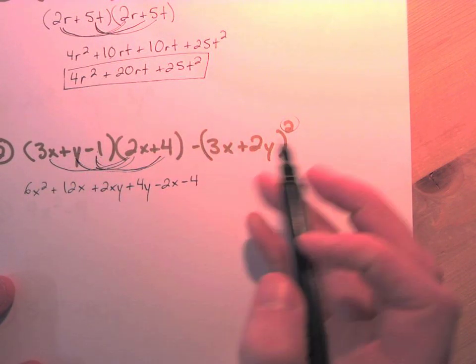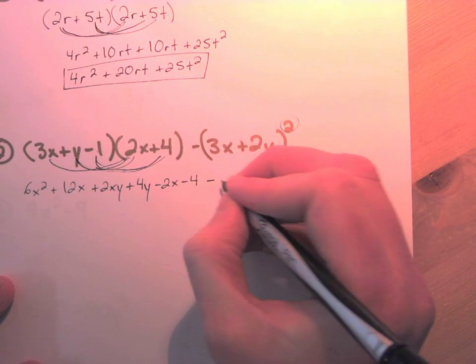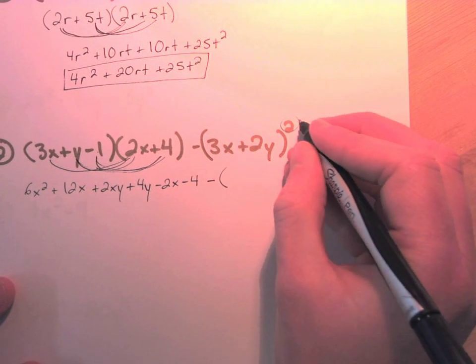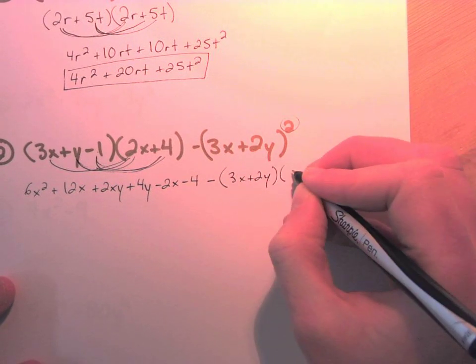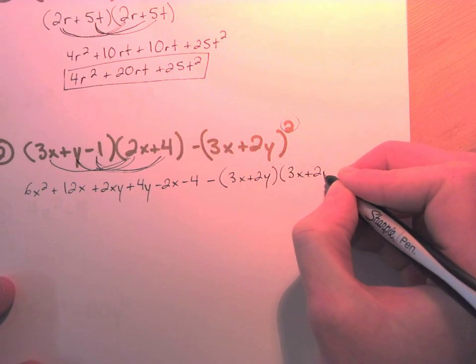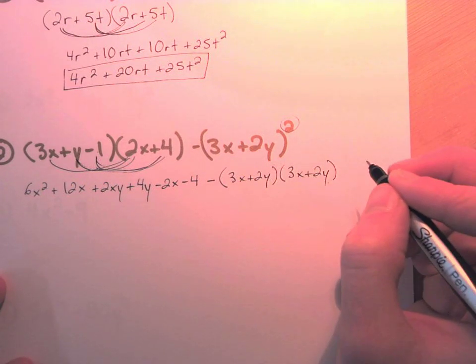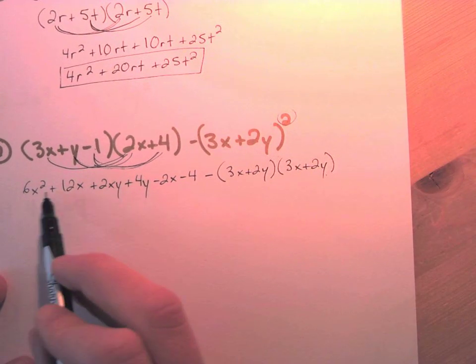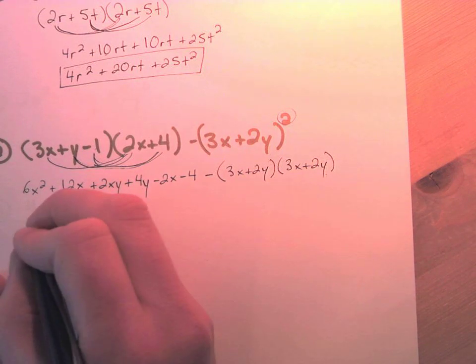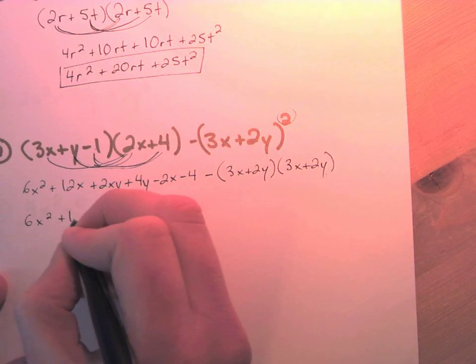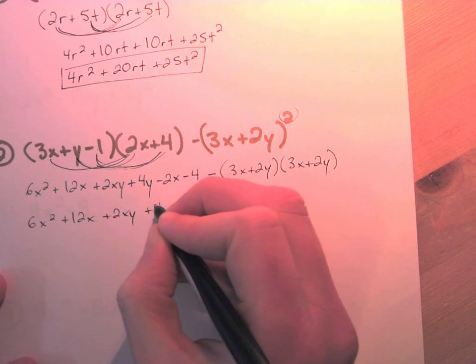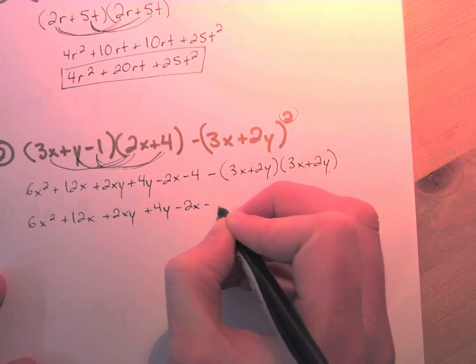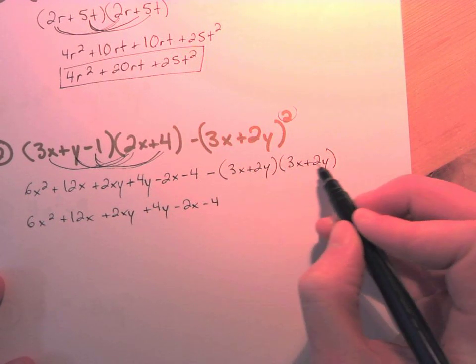Now we're going to go into this next one. I write down this negative again, and I'm just going to write this in a better form. 3x plus 2y times the same thing. Okay. So now I'm going to rewrite everything there again. And now I'm going to expand out these two.